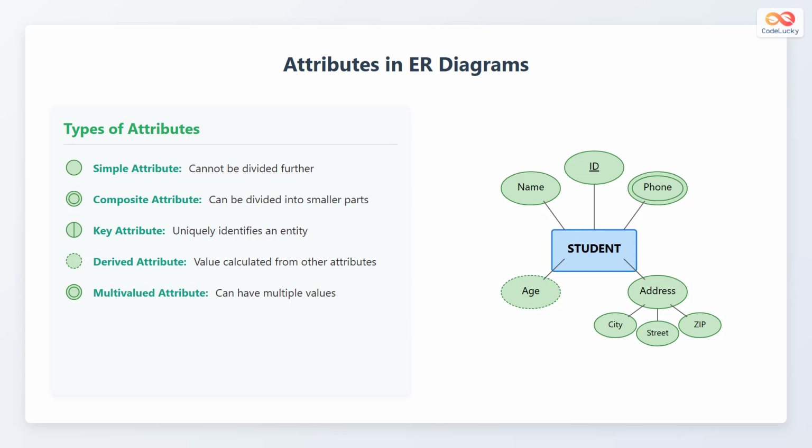A composite attribute can be divided into smaller parts, such as an address that can be split into street, city, and zip code. A key attribute uniquely identifies an entity, for example, a student ID. A derived attribute is one whose value is calculated from other attributes, like age derived from date of birth, and a multi-valued attribute can have multiple values, such as phone numbers.